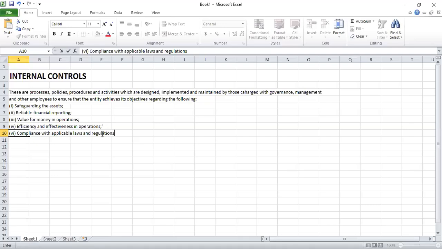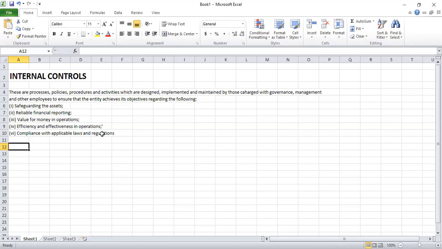So internal controls start even from when members come to the organization. When you go on your laptop, there is a password so that not every person can access the computers. The windows should always be closed so that if there is rain, our computers and documents will not be in danger. We should always switch off the lights so that we can save on electricity. Or top management should declare their interest.